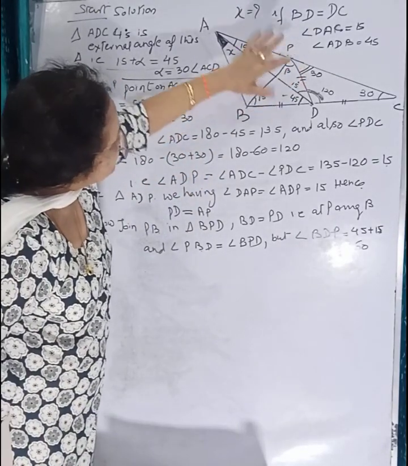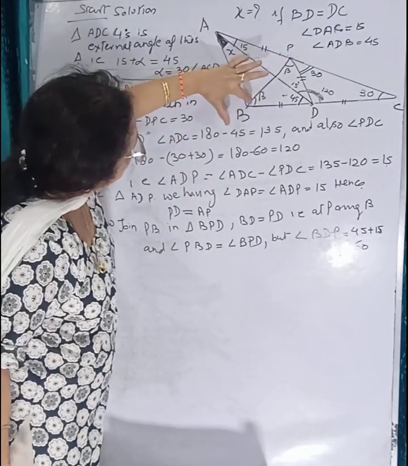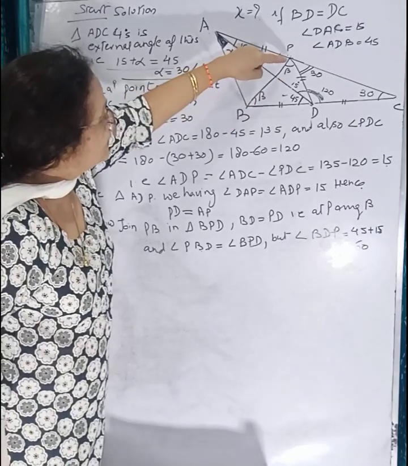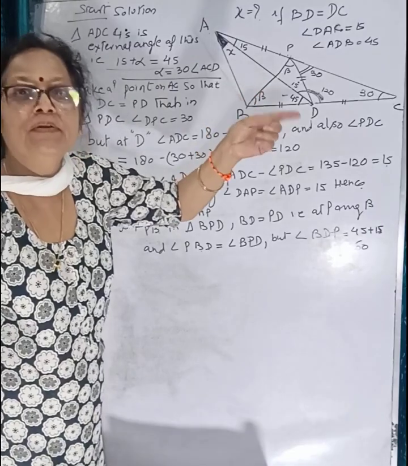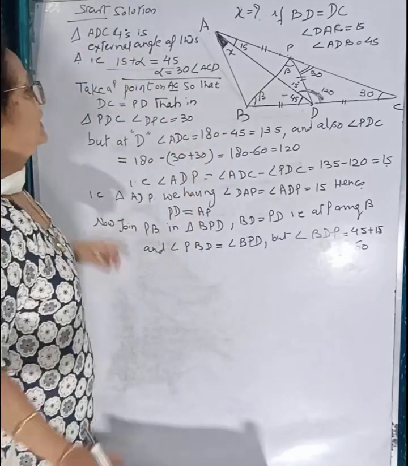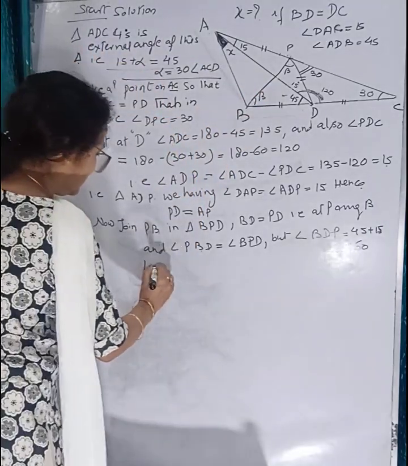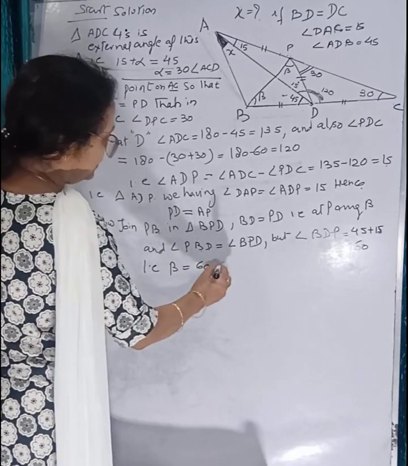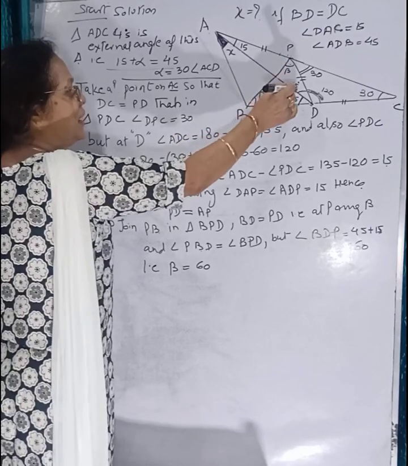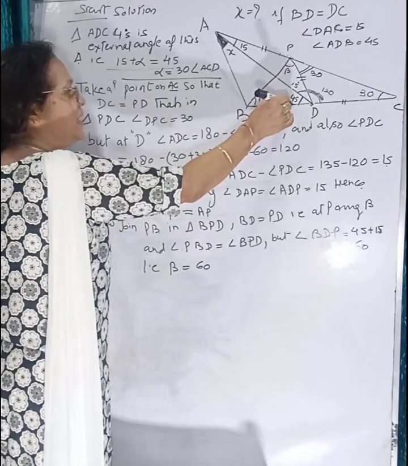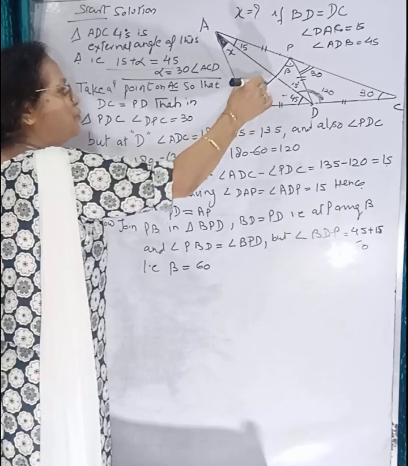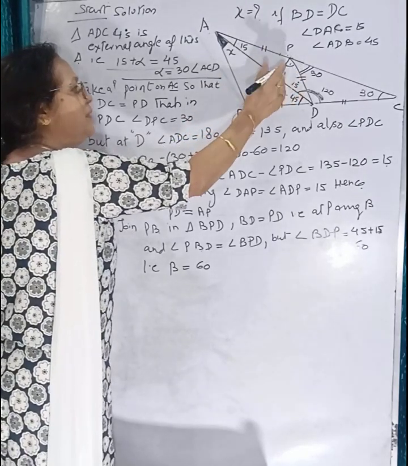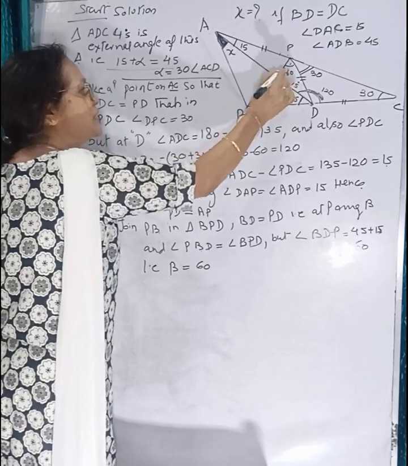This angle is 60, the addition of these two angles, they both are equal. It means the addition of these two is 120. It means each angle is 60 degree. So the addition of these two, 120, divided by 2, will be equal to 60. It means beta will be equal to 60 degree.